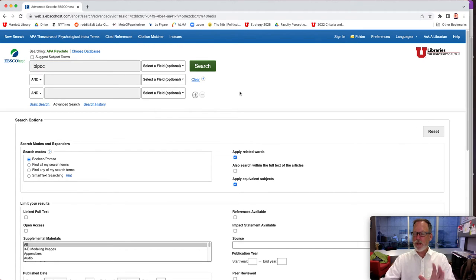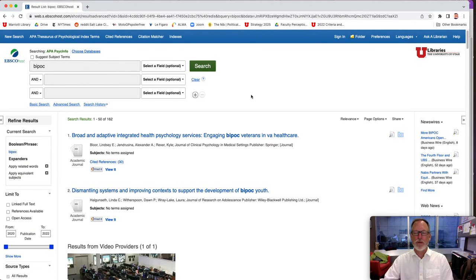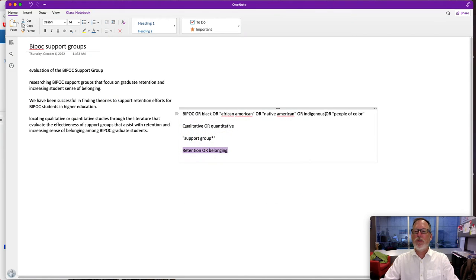So when we're just looking at psychology with that one keyword, there's only 162. So is that an issue, or do we need to add those other keywords to include those other populations? The problem we run into is if we don't do BIPOC, then we might just get one of these populations.